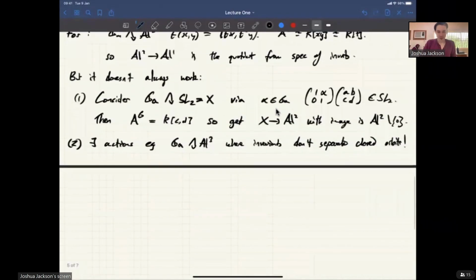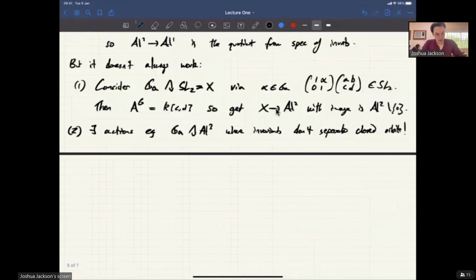Right. So there's one other thing to say about this. Another problem, which I think has already been alluded to today, is that computing invariants is hard.